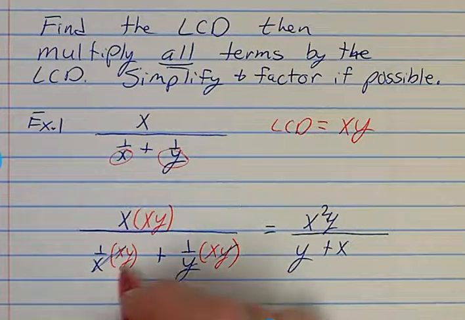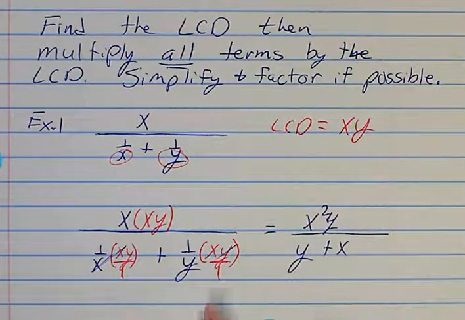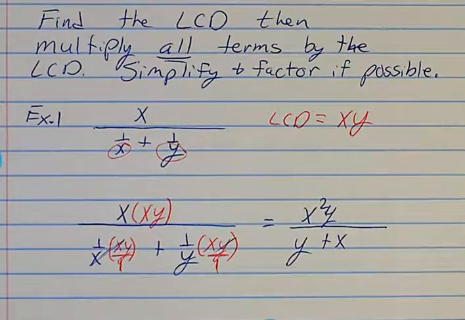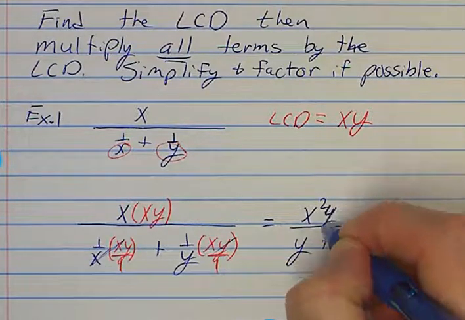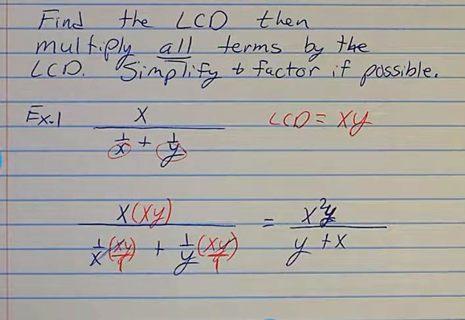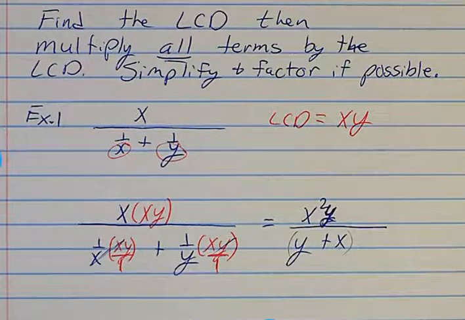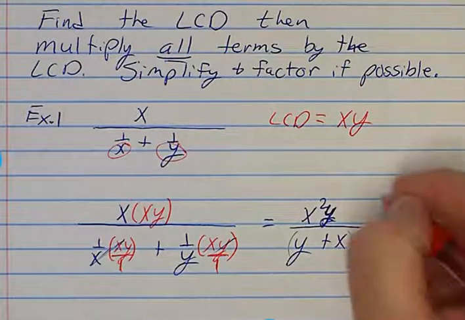If it helps when you're multiplying these out, you can put these over 1, so you know that xy is in the numerator and the 1 is your denominator. That's a terrible looking y, it looks more like a 4. So x squared y is over y plus x. And again, technically, when you start adding and subtracting, those two things are in parentheses. So that would be your final answer.